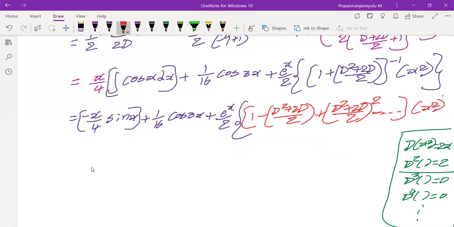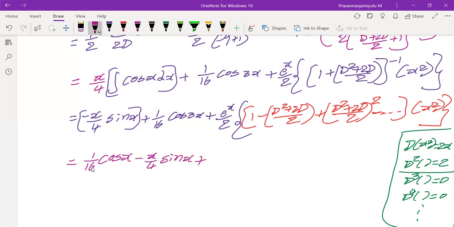Now I'm multiplying each and every term with x square. That is the last third expansion. I'll do it directly. So for the namesake, I'm writing 1 by 16 as the second term and the first one because of minus is the first term contains. So 1 by 16 into cos 3x minus x by 4 into sin x. It's completed.